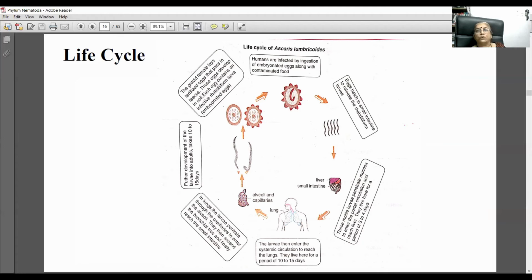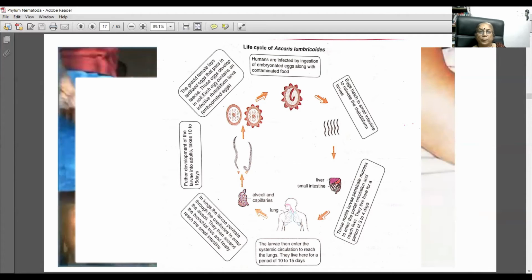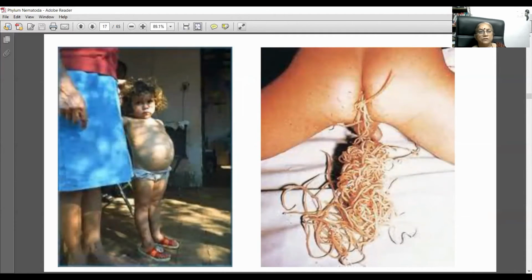They will not be destroyed by the other environmental factors except direct sunlight. Therefore they are able to infect human beings when ingested. So this is how the child or the patient is going to look. You can see the stomach, how it is bloated, and this is how, if the infection is heavy, they are excreted.